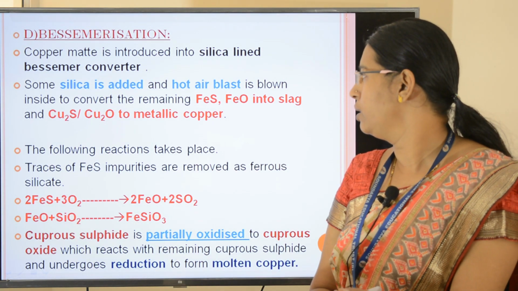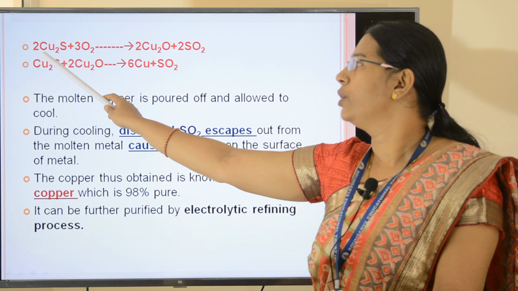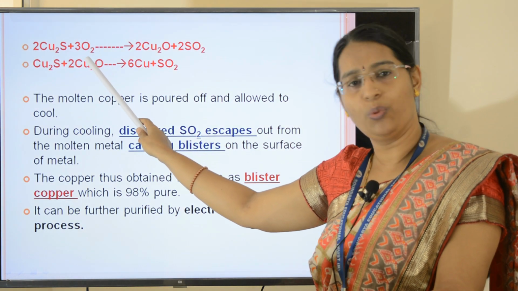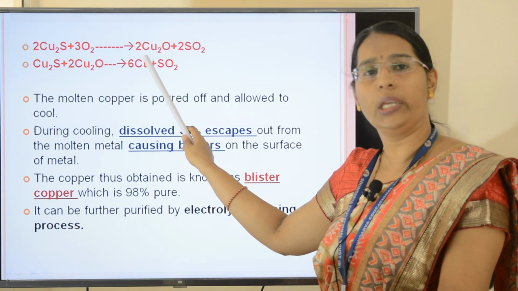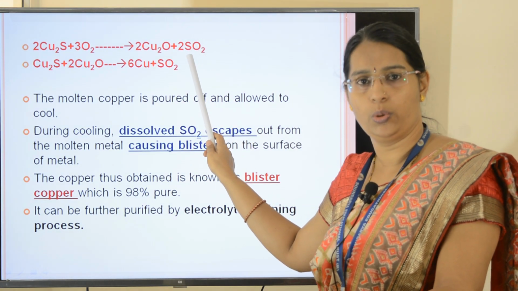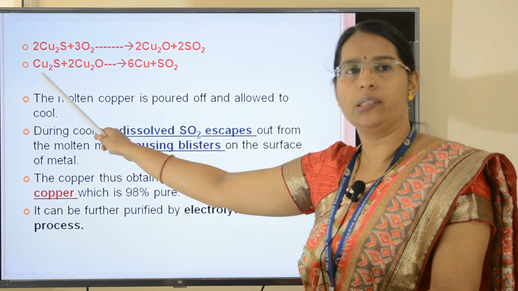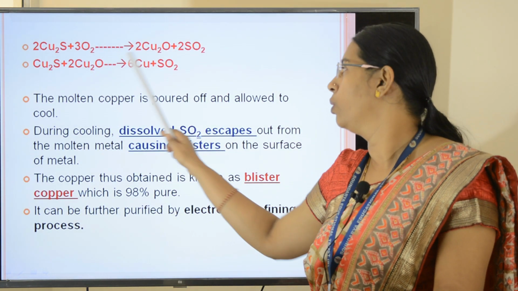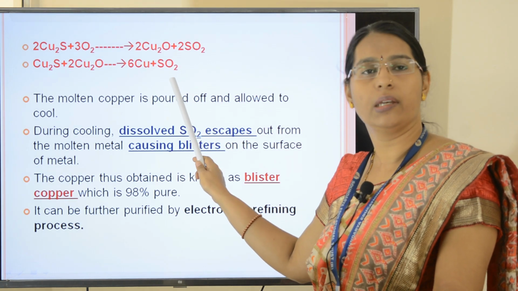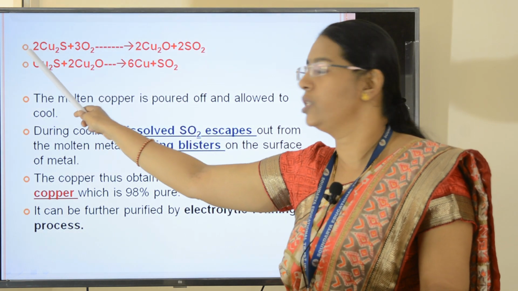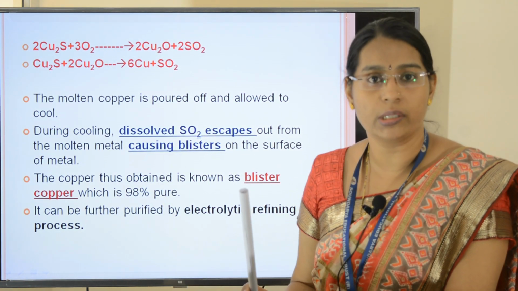So the reactions are 2Cu2S, that is cuprous sulfide, plus 3O2 gives 2Cu2O plus 2SO2. This is the first reaction. In the next step, Cu2S plus 2Cu2O gives 6Cu plus SO2. So in the first step, it is not the complete oxidation, it is only a partial oxidation.